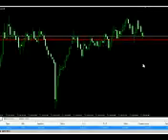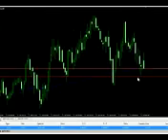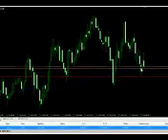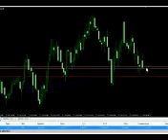Let's take a look at the 15-minute chart. There we have the 55 EMA on the 15-minute chart and the 200 EMA on the 5-minute chart. They are coinciding around the same level, 111.38 for the Euro Yen.